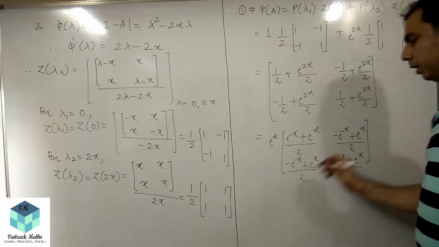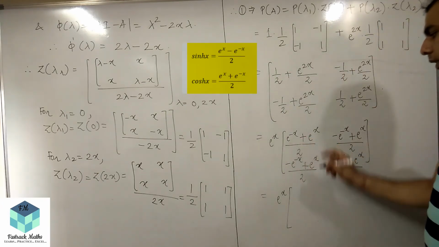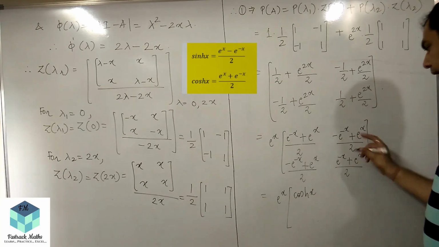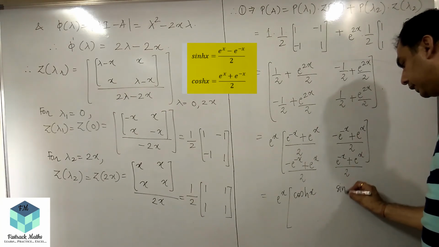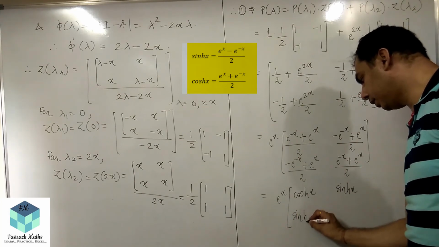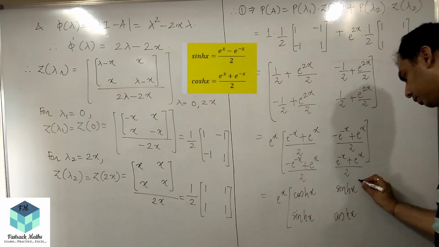So this is the formula for cosh x as you can see here, and this is the formula for sinh x, this is again sinh x, and this is cosh x.